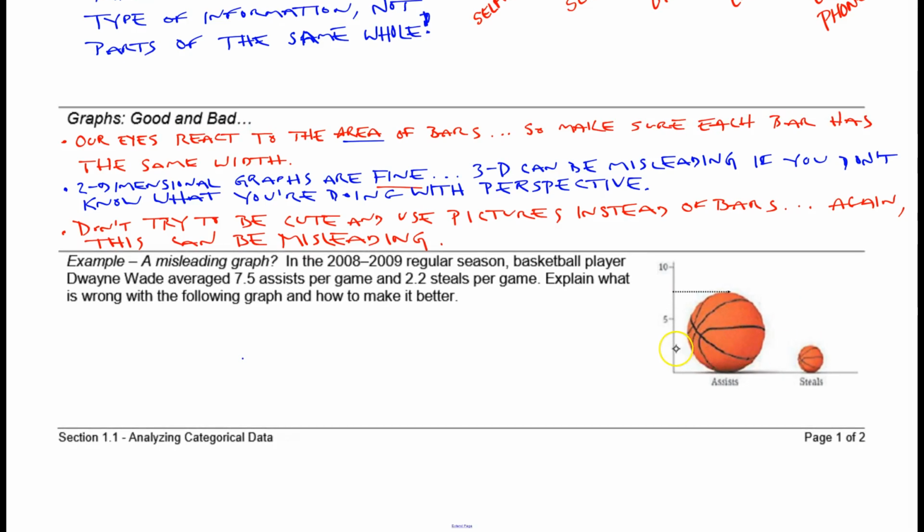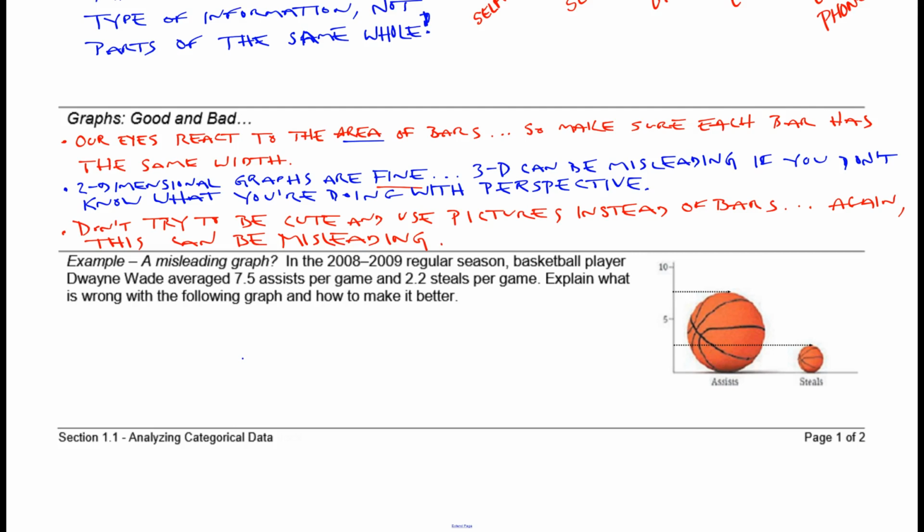And then we've got the height of this one at around 2.2 steals per game. So the height looks proportional to the quantity of assists and steals per game, but this graph is very misleading, because my goodness, the assist basketball looks huge.